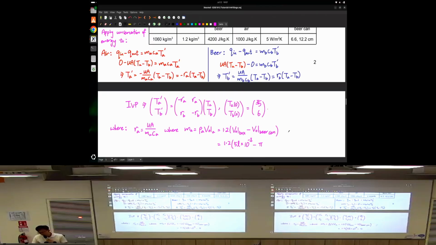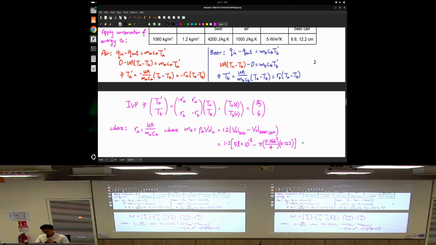So it must be pi d squared over 4. So therefore, it will be pi times 0.066 squared over 4 multiplied by 0.122. Is that right? So this one you can go and calculate, or just leave it like that.